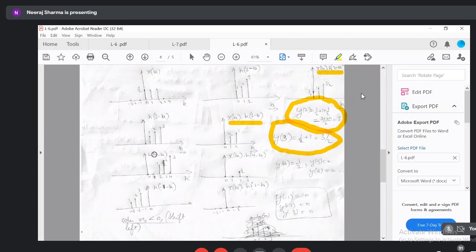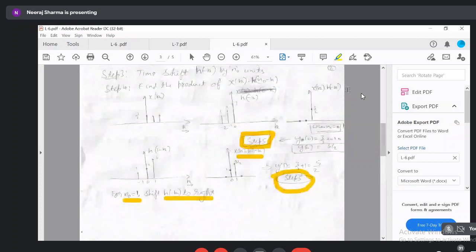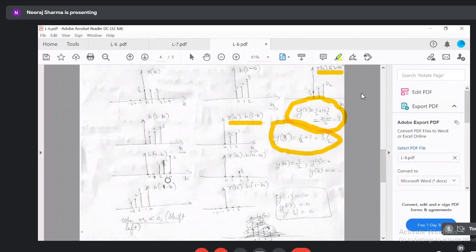So we have shifted this 1, 2, 3 by 1 more unit towards the right hand side if you are comparing it with h3 minus k. And if you are comparing h4 minus k with h minus k, we have shifted all the samples by 4 units to obtain h4 minus k from h minus k, right? So this is h4 minus k, right?